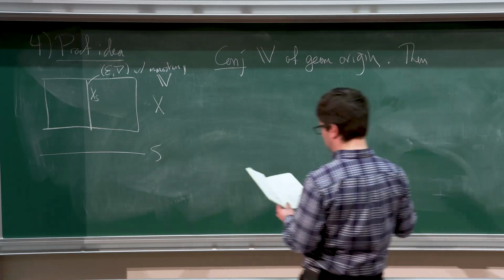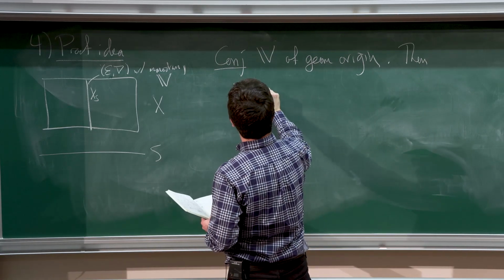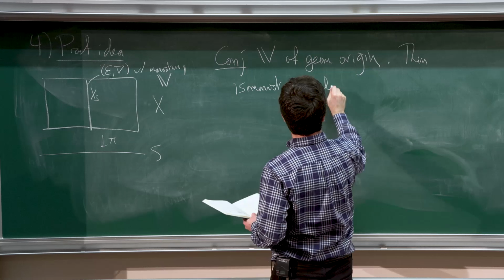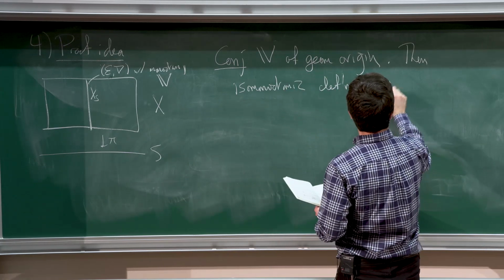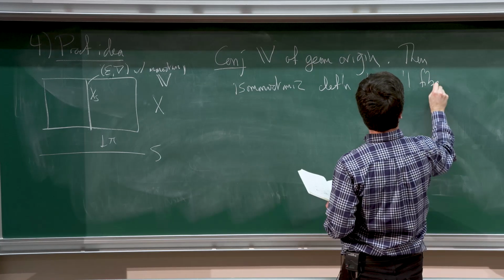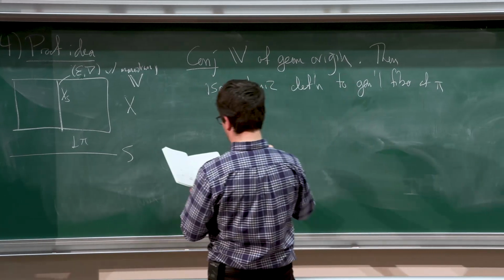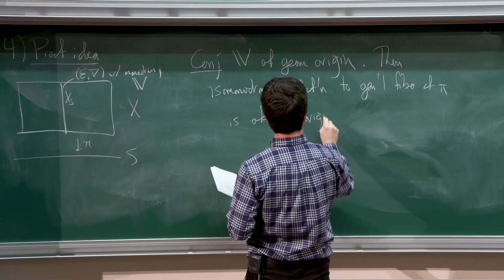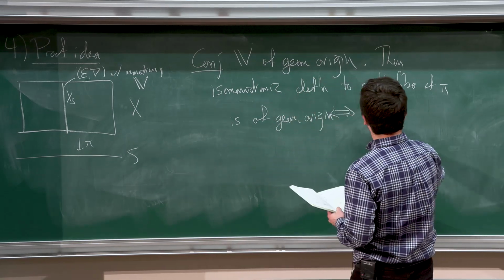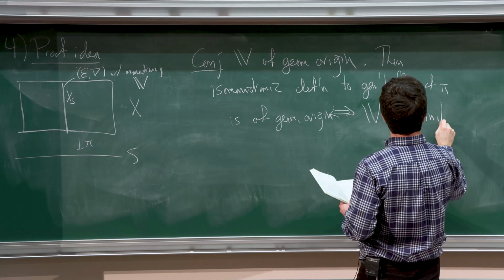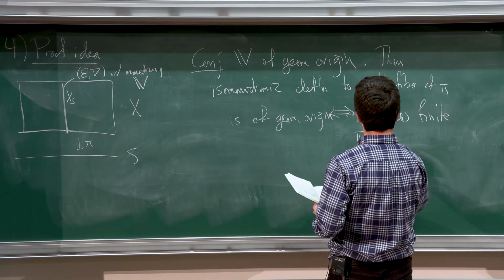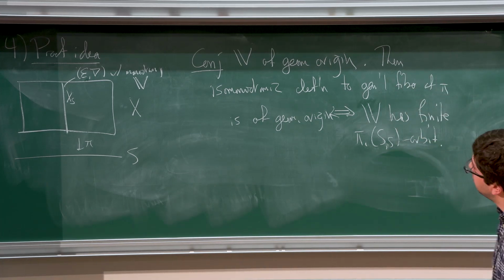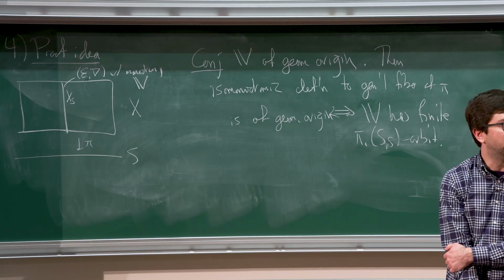Then the isomonodromic deformation to a general fiber of π is of geometric origin if and only if V has finite π1(S) orbit up to conjugacy. Okay, so this is a conjecture. It's a prediction of the relative Fontaine-Mazur conjecture discussed by Moritz in his talk.